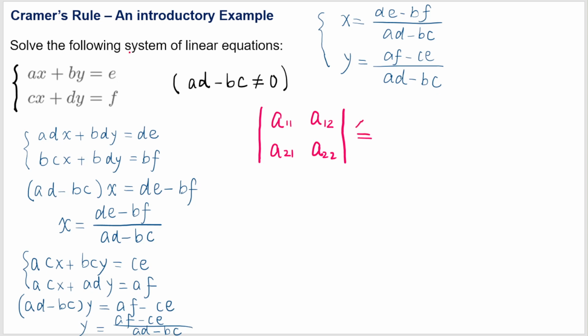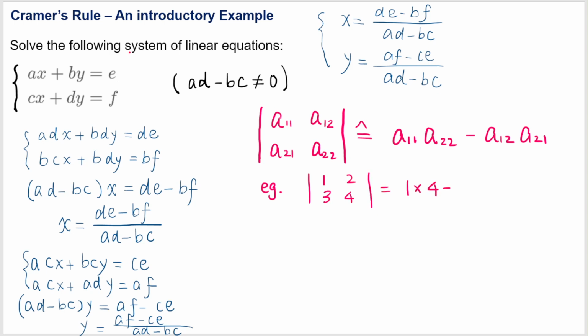It is defined as a11 multiplied by a22 minus a12 times a21. For example, if you have the determinant of 1, 2, 3, 4, this will give you 1 times 4 minus 2 times 3, which is 4 minus 6, which gives you negative 2. So this is actually a number, right?